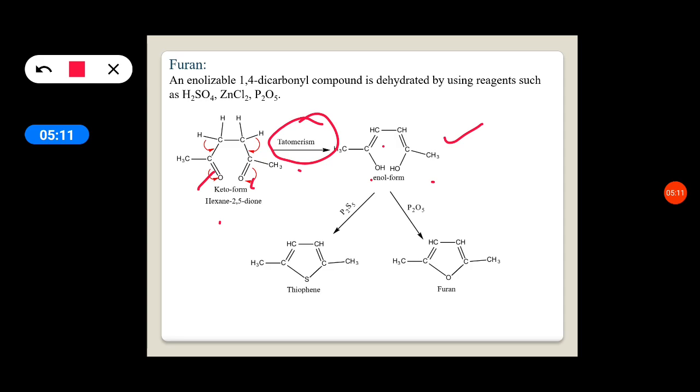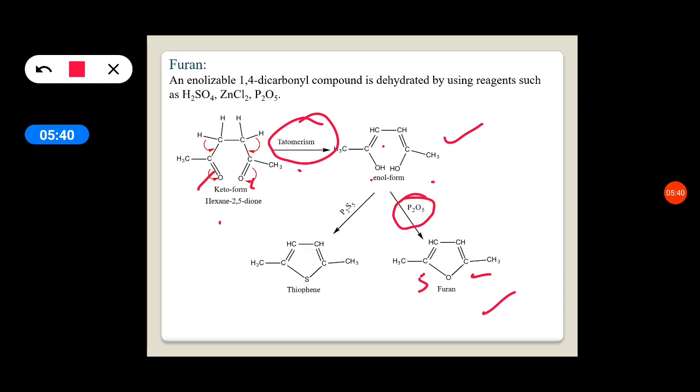This enol form is dehydrated. For that dehydration, different reagents such as sulfuric acid, zinc chloride, phosphorus pentoxide may be used. So in this reaction, phosphorus pentoxide is taken. So it undergoes dehydration and gives furan. Again it is 2,5-dimethyl furan.